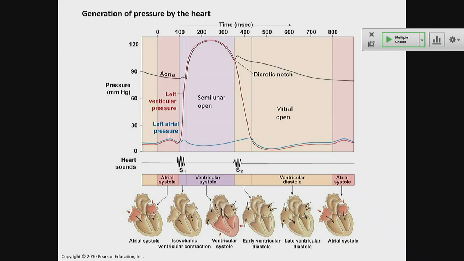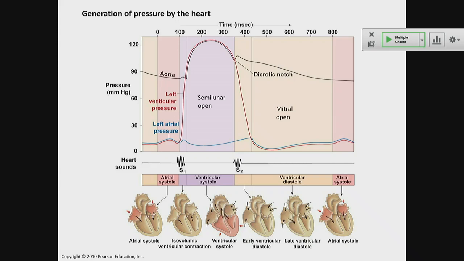So now this is an interesting phase, because when the heart muscle starts contracting, both valves become shut, okay? This is diastole, so the ventricle is still relaxed. Once the ventricle starts contracting, the first thing that happens is the mitral valve closes, okay?